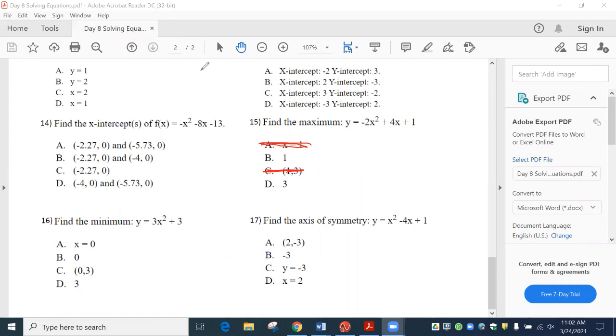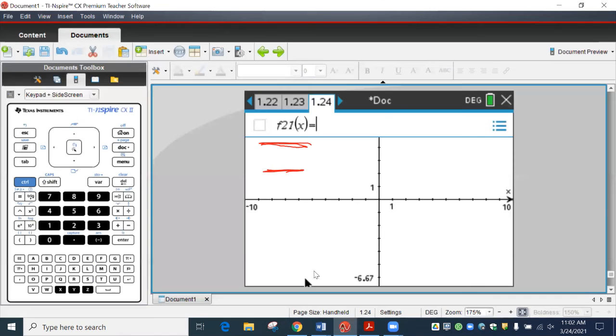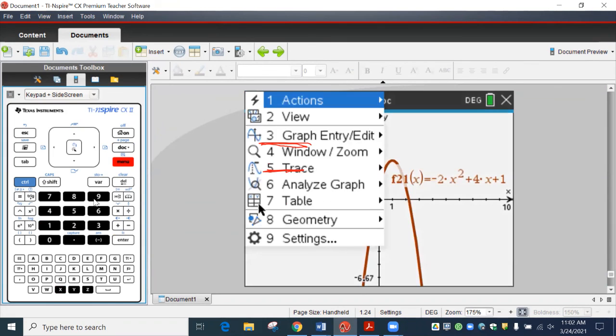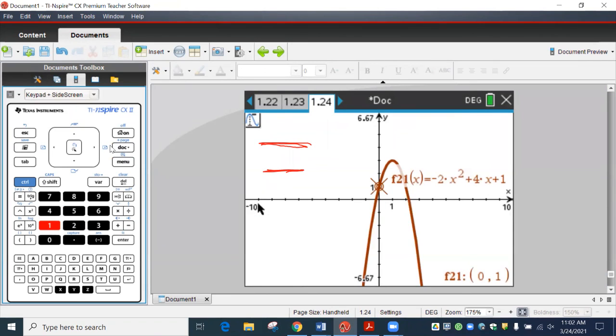So we're gonna go type in this right here. So we'll type in minus 2x squared plus 4x plus 1. And then, so maximum, you could probably just look at it and tell me the answer, just like it was a sheet of paper.